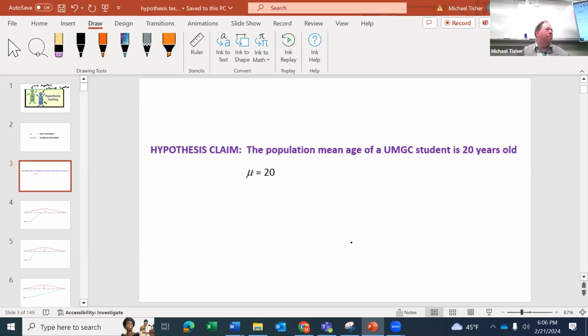Okay, so again, an inference is an educated guess. So we're going to try to make some guesses today, and the guesses will be in the form of a claim. So right now I claim that the population mean age of a UMGC student is 20 years old. Okay, now, do you think that's a good claim or not? Maybe. Okay, well, based on this class, I think it might be, right?